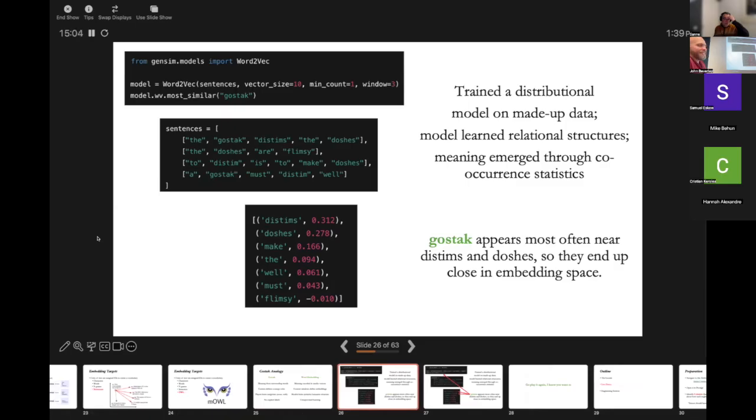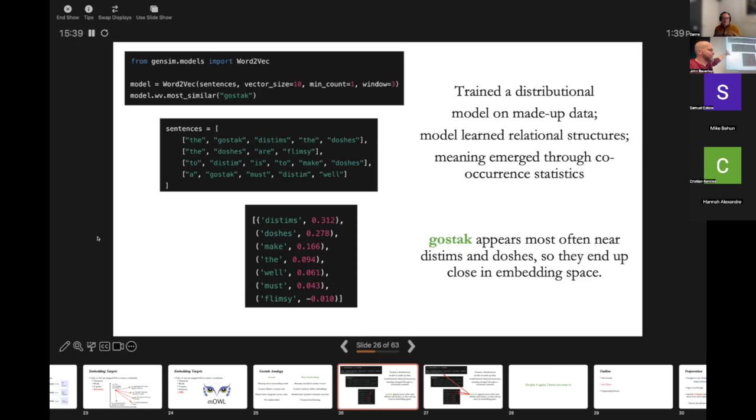If you were so inclined and had nothing to do on a Sunday, you could in fact train a little distributional model on made-up data from the Gostak. It can learn relational structures and have meaning emerge through the co-occurrence of vectors, right? I didn't use OWL for this. I'm just importing word2vec and looking for words that are most similar to Gostak based on the sentence list that I gave it.